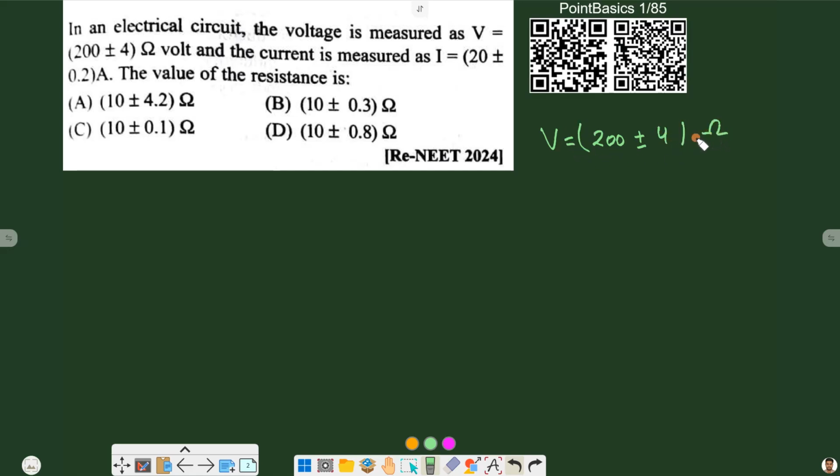And we know that when we write some value in this, it is V mean, means mean value plus minus error. So here we have mean value, and here we have error. Let me write in a proper way.